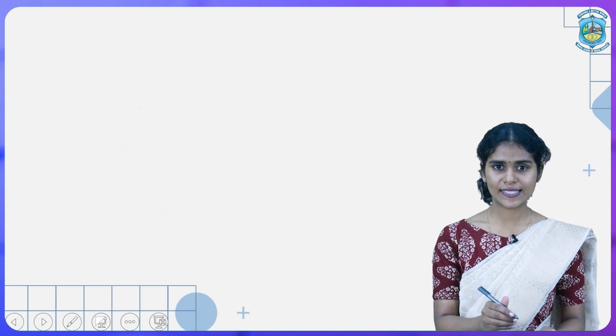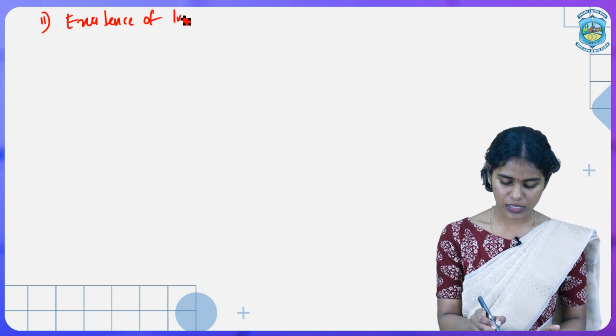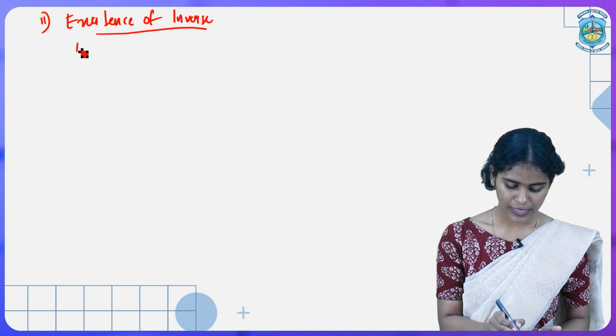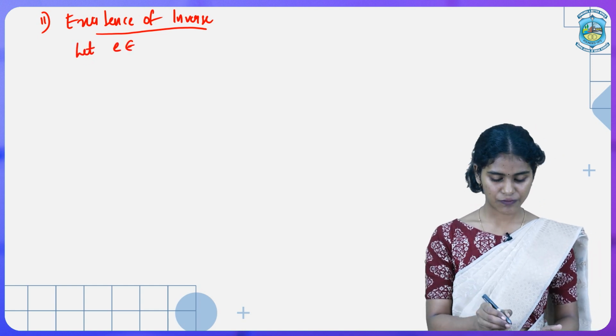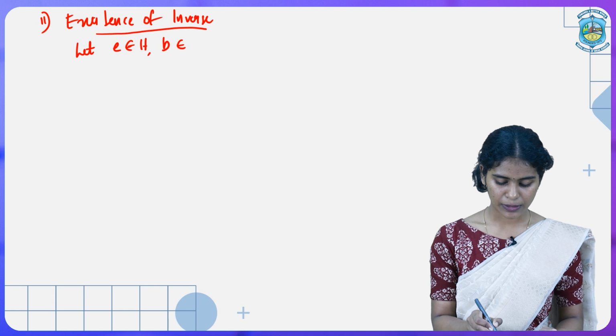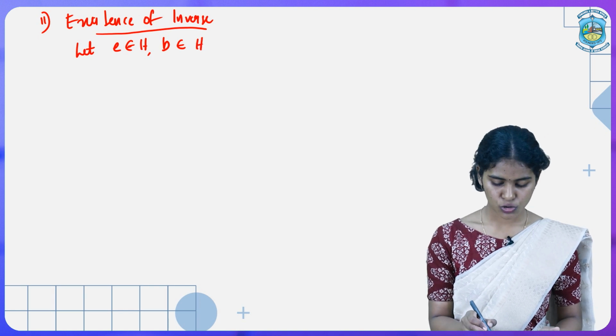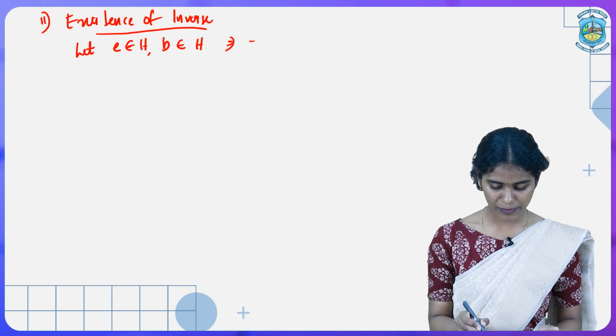Moving into the next axiom, that is existence of inverse. Let us consider two elements. Let us consider E, which we have already considered now. Let E belongs to H, comma B belongs to H, be two elements. So, by definition, what can be written?